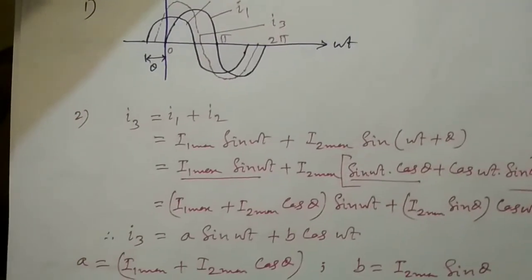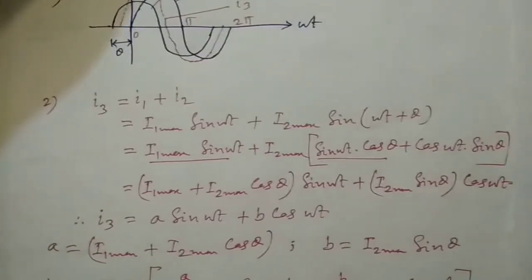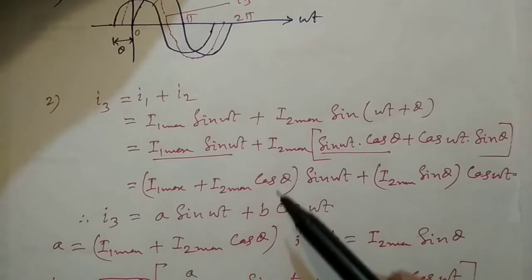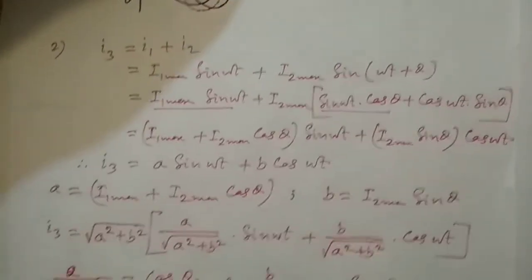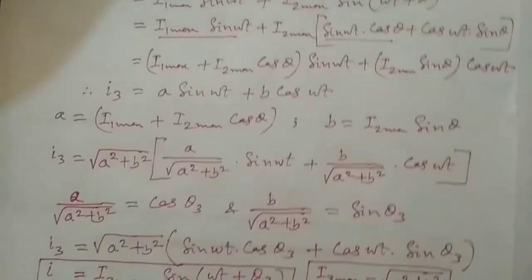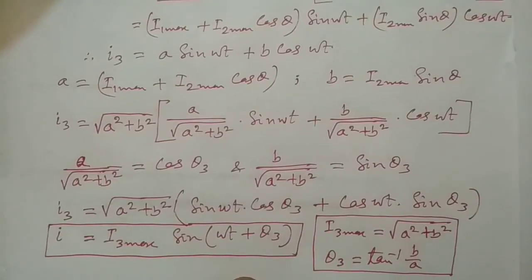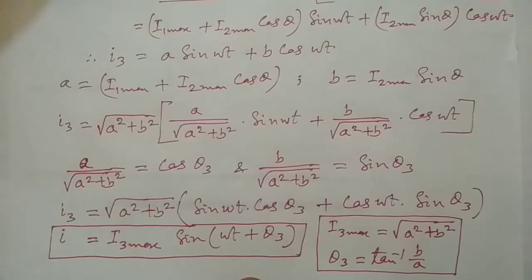In the second method, using trigonometrical concept, here we have to do some mathematical calculations and also we can find the values. It is a little bit simpler compared to the previous one, but again it will be complicated if there are two or more than two alternating quantities.